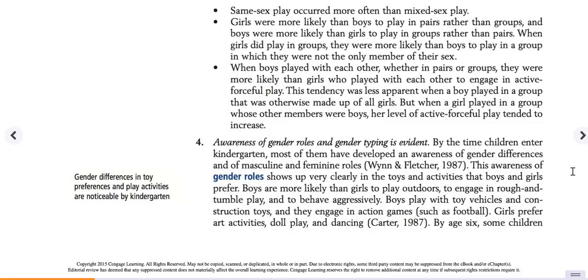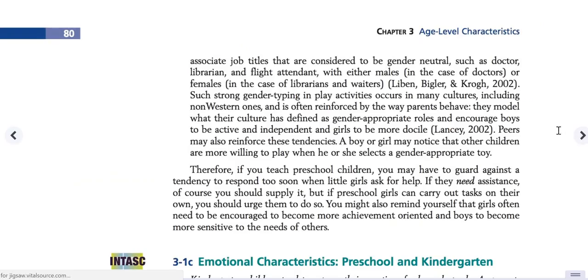Boys play with toy vehicles and construction toys, and they engage in action games such as football. Girls prefer art activities, doll play, and dancing. By age 6, some children associate job titles that are considered to be gender neutral, such as doctor, librarian, and flight attendant, with either males in the case of doctors or females in the case of librarians and flight attendants.